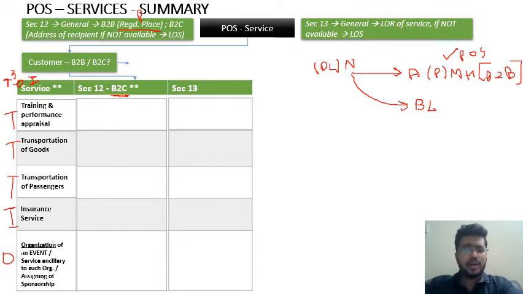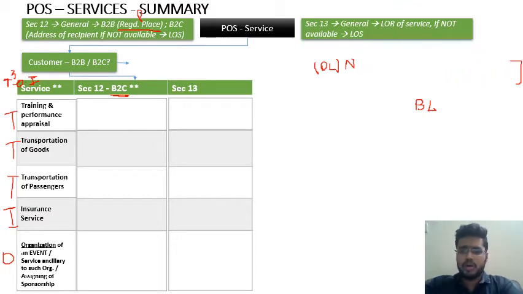Let's say in the training and performance appraisal services, let's continue this example where, instead of A Private Limited, say Navdeep went to Bangalore to train the ABC employees. Now, let's say Navdeep has one more day extra in Bangalore.